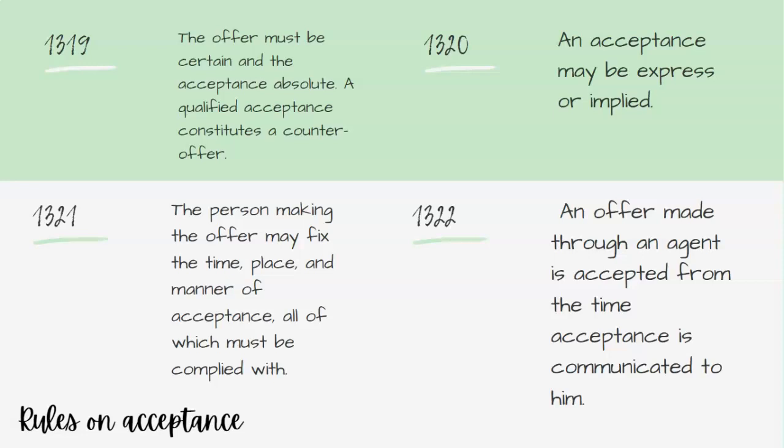Okay? Manner and form of acceptance. An acceptance may be expressed or implied. In his offer, the offeror also may fix the time, place, and manner of acceptance, all of which must be complied with. If an offeror prescribes the exclusive manner in which acceptance of his offer shall be indicated by the offeree, an acceptance of the offer in the manner prescribed will bind the offeror.